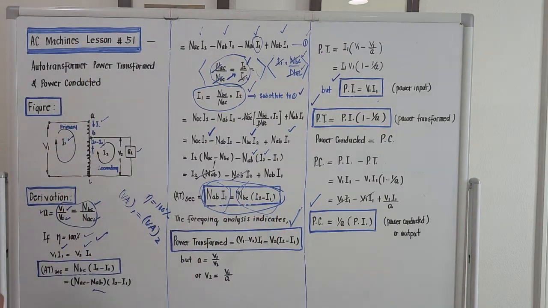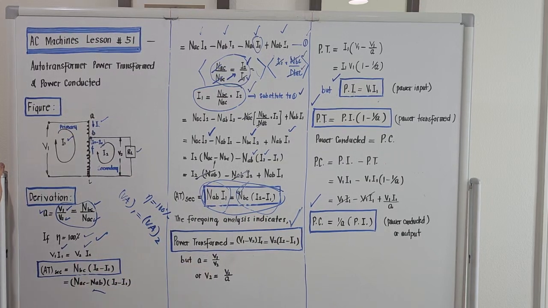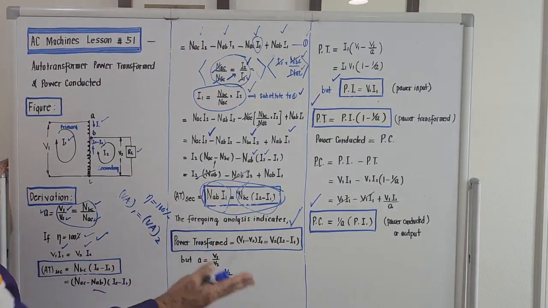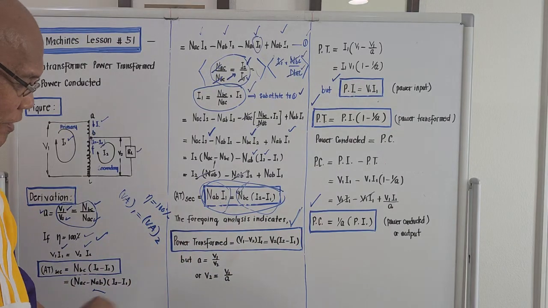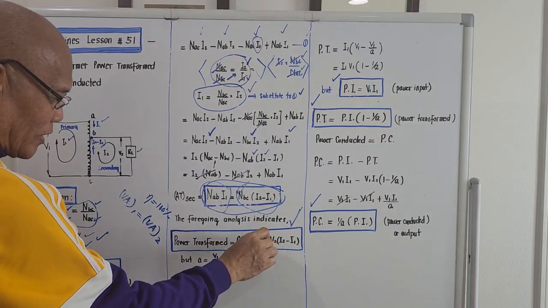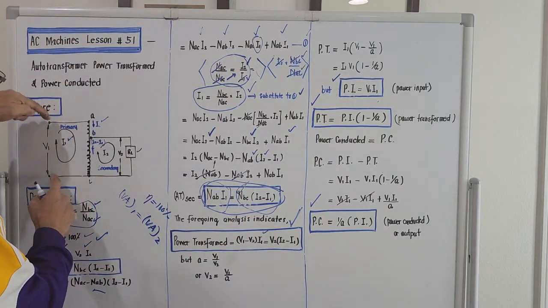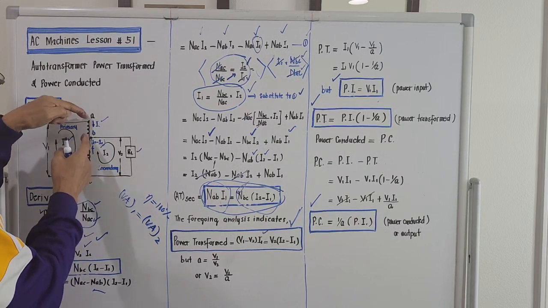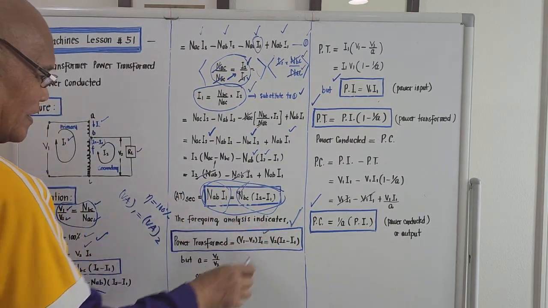And from the foregoing analysis, the power transform, in terms of voltage and current, the first one should be V1 minus V2 times I1. The difference V1 minus V2 is actually the voltage across this, times the current passing here, I1.